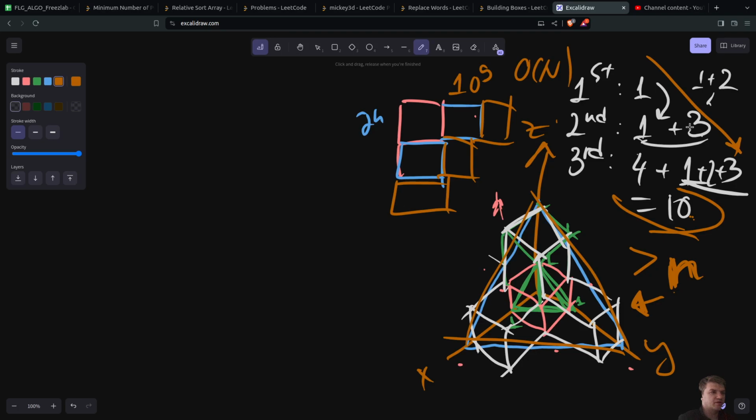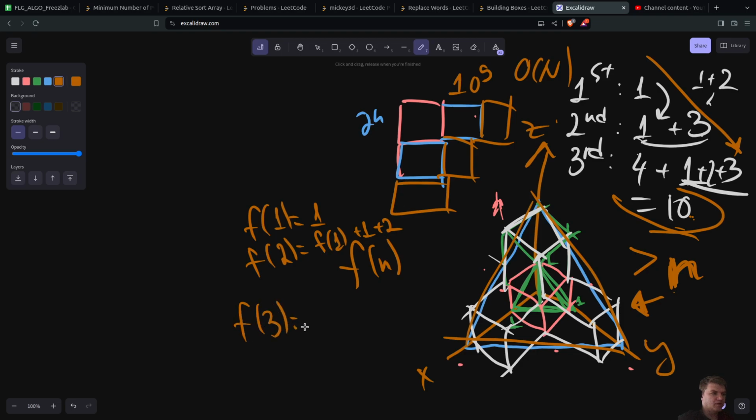Let's say f of 1 equals 1, f of 2 equals f of 1 plus 1 plus 2, f of 3 equals f of 2 plus 1 plus 2 plus 3.